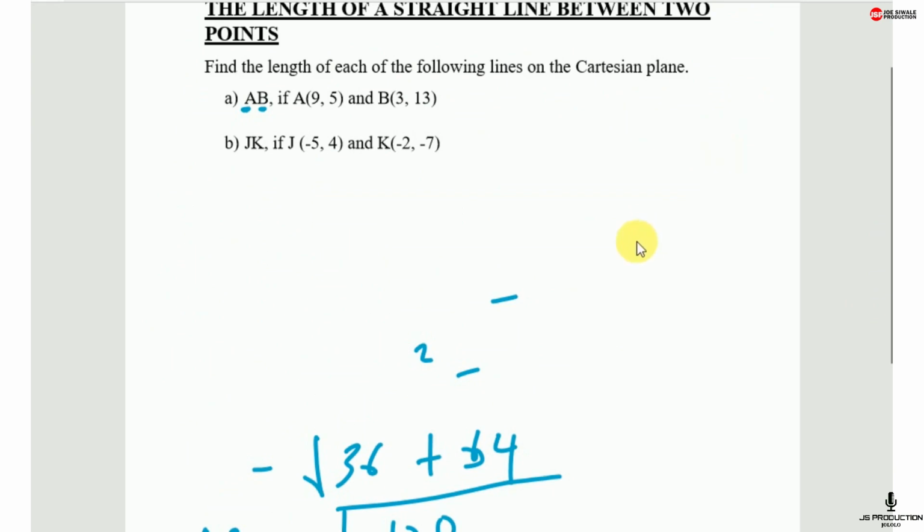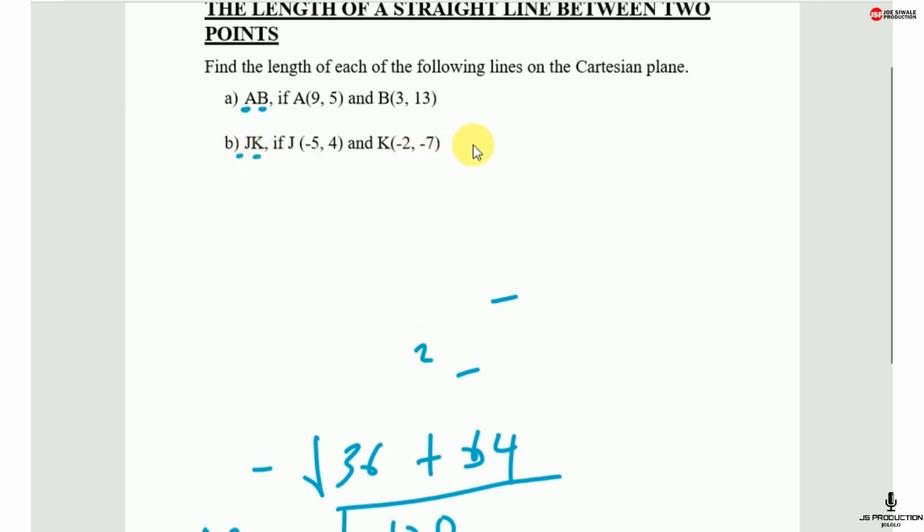Let us now look at question B. At question B, we're supposed to calculate line JK, if J is negative 5,4 and K is negative 2, negative 7. So the first thing that we're going to do is to identify our X1 and our Y1. We also need to identify our X2 and our Y2.